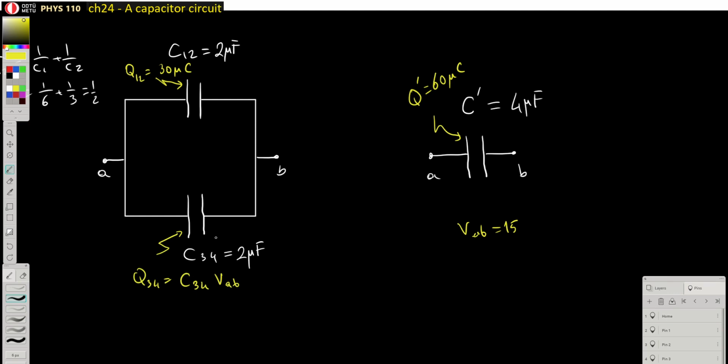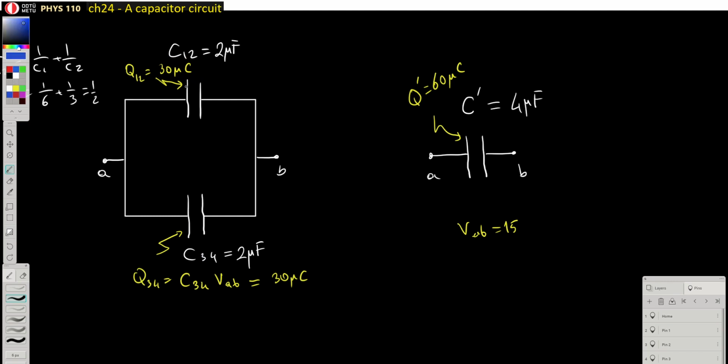That's basically multiplying the capacitance value with the potential difference across the externals. So therefore, this is 30 microcoulombs. Okay, just notice that the 60 microcoulombs on that equivalent capacitor is actually the sum of this charge plus that charge. Okay, so let me actually make this point more clearly.